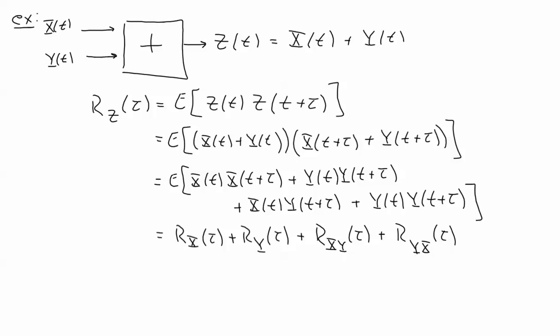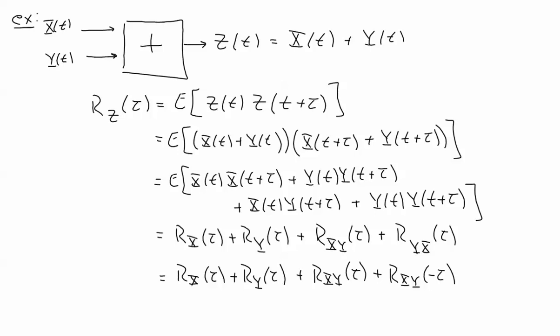And then one more step, I get the autocorrelation in x plus autocorrelation in y plus r x y of tau plus the mirror image r sub x y of minus tau.